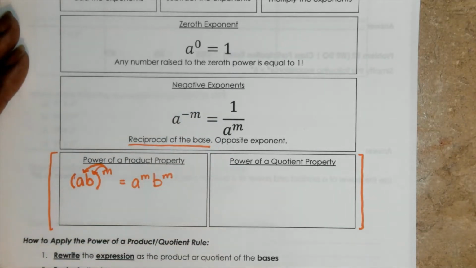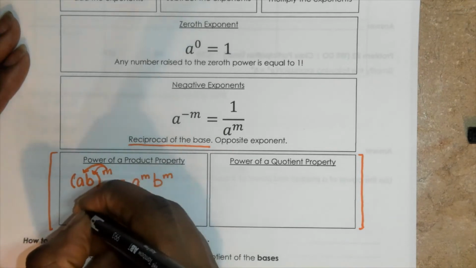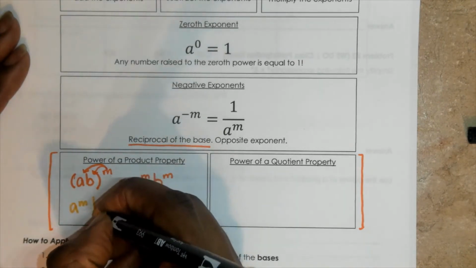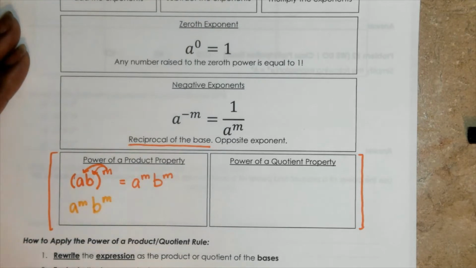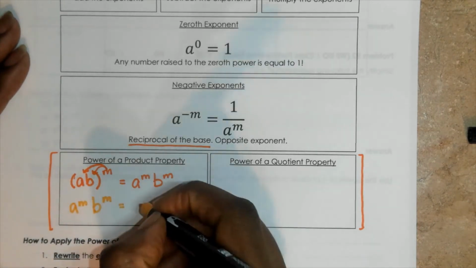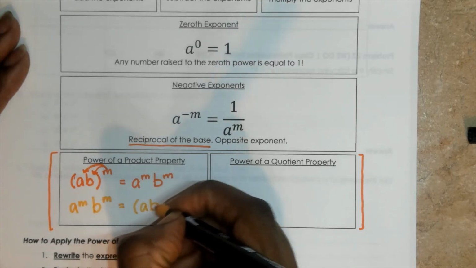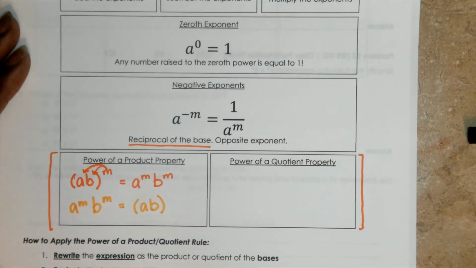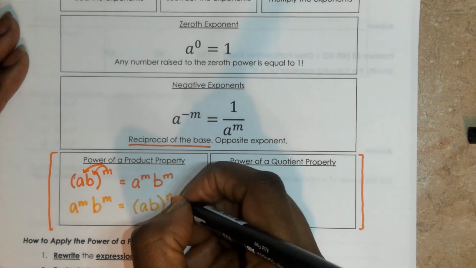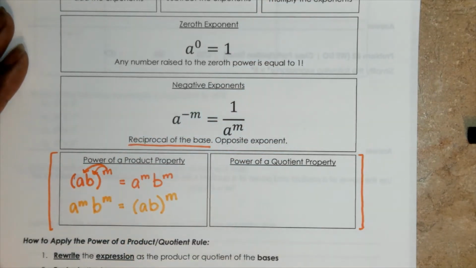And on the reverse, and when I say reverse, I mean flip side, if you have two exponential expressions being multiplied and they have the same exponent, you can multiply those bases and keep the exponent.